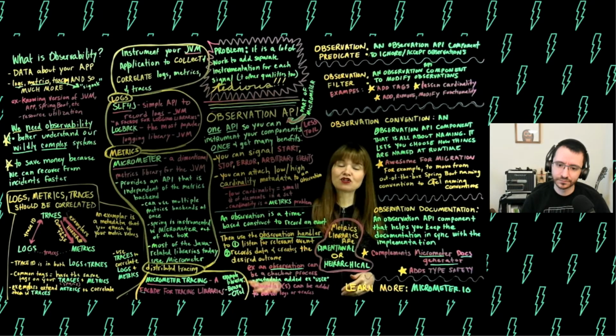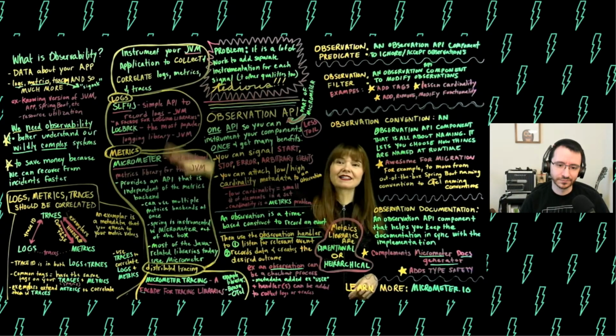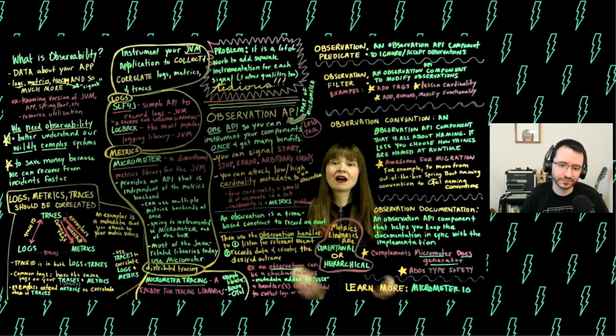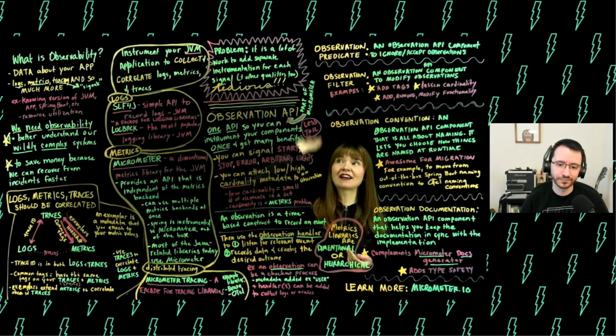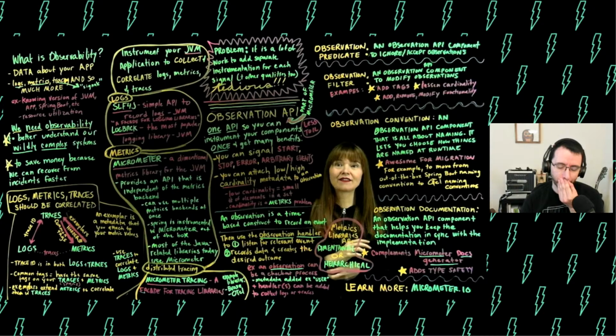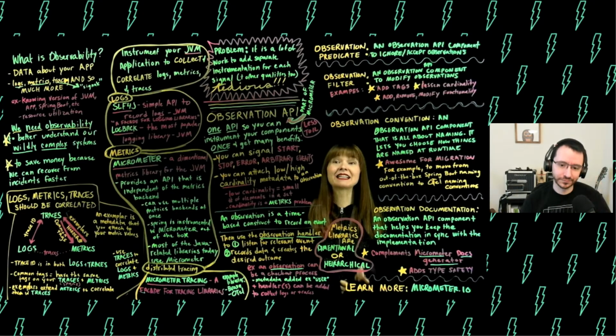Then we talked about distributed tracing, which you could do with Micrometer Tracing, a facade for tracing libraries. Example libraries would be Brave or OpenTelemetry. Now the problem is, if this is our process for instrumenting applications to do observability well, it is a lot of toil to add separate instrumentation for each signal, and it's extremely tedious.